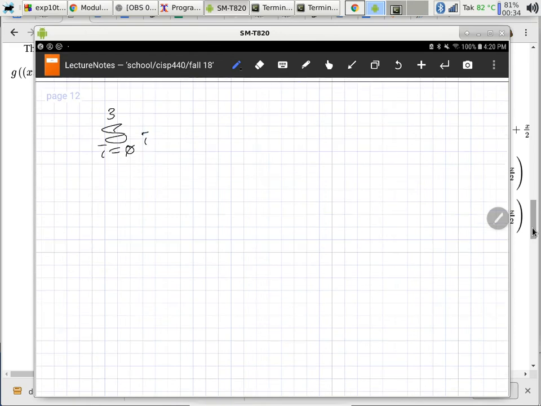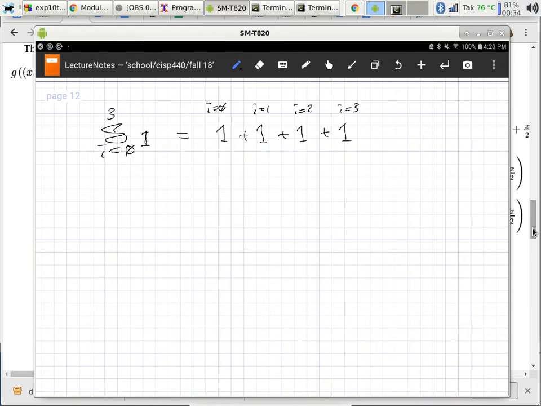So let's make it 1, which is a constant. So what this means is I'm adding 1 plus 1 plus 1 plus 1. The first one is when i equals 0, then i equals 1, i equals 2, and i equals 3. Is that okay?